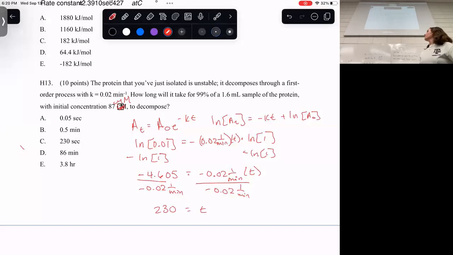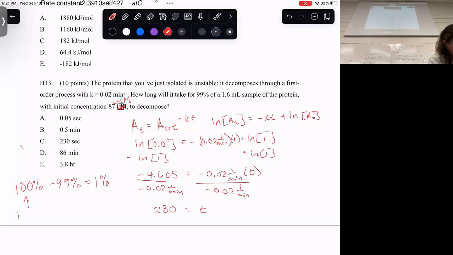I had to get 0.01. Yep. So we're saying that 99% of your initial protein stock is decaying or has decayed, right? So if we assume that we started off with 100% and 99% decayed, how much is left over? Right, we're left with 1%.